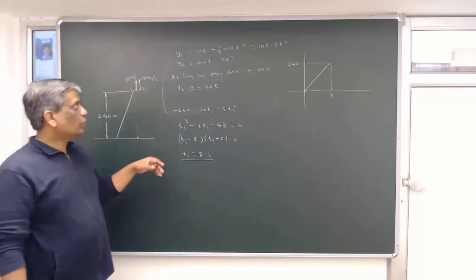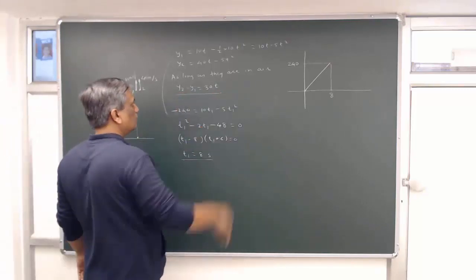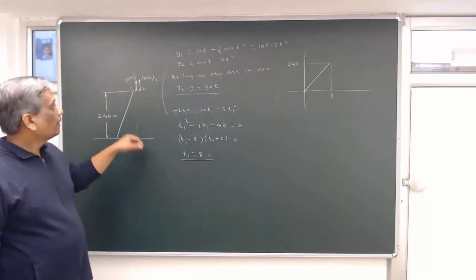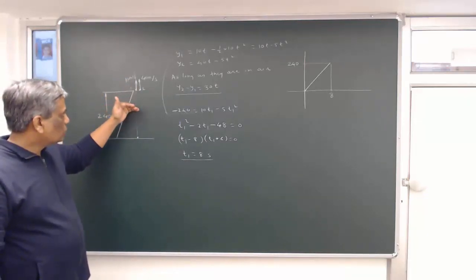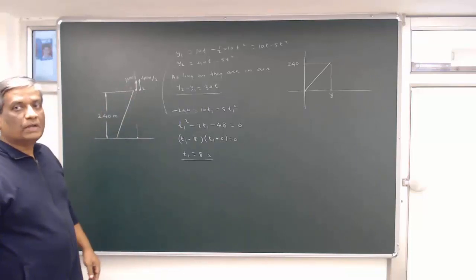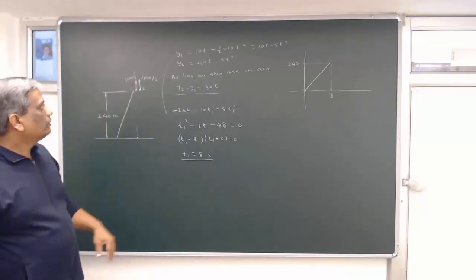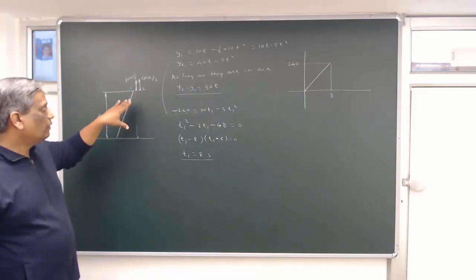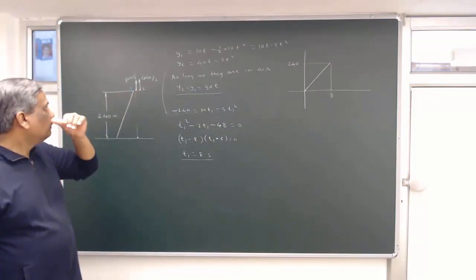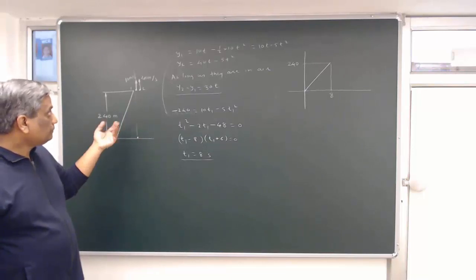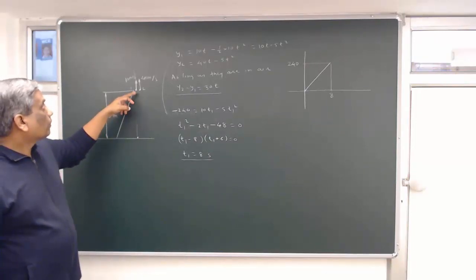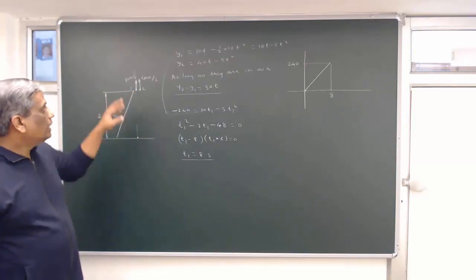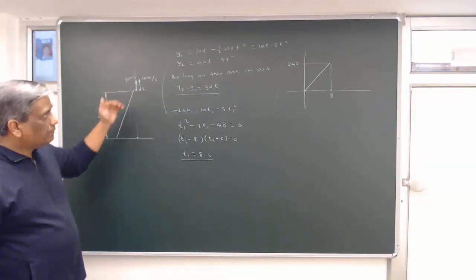Now from this point onwards, I cannot use this relation. Because one stone is at rest, the other stone is going to slowly come down, not rapidly come down, okay? And the variation of this distance is going to be parabolic, because it is only the second stone which will be moving.